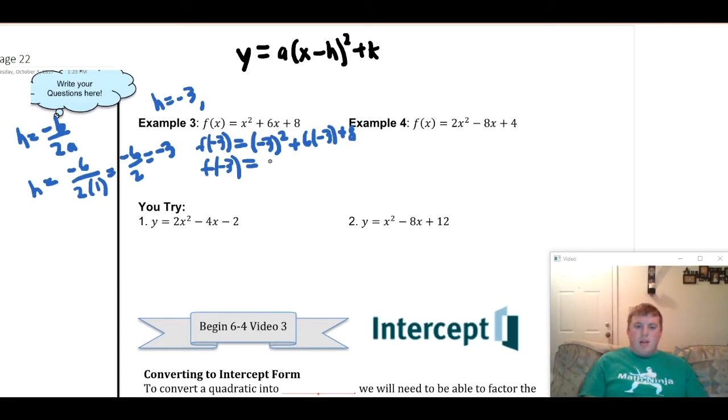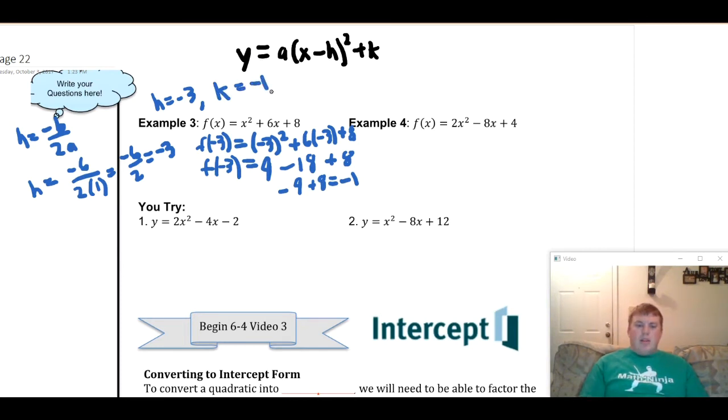Negative 3 squared is going to give me a positive 9, plus 6 times negative 3 is going to give me a negative 18, and then I'm going to have the plus 8 at the end. So 9 minus 18 is going to be negative 9, and then we're going to add 8, which is going to give us a negative 1. So our k value is going to be negative 1.